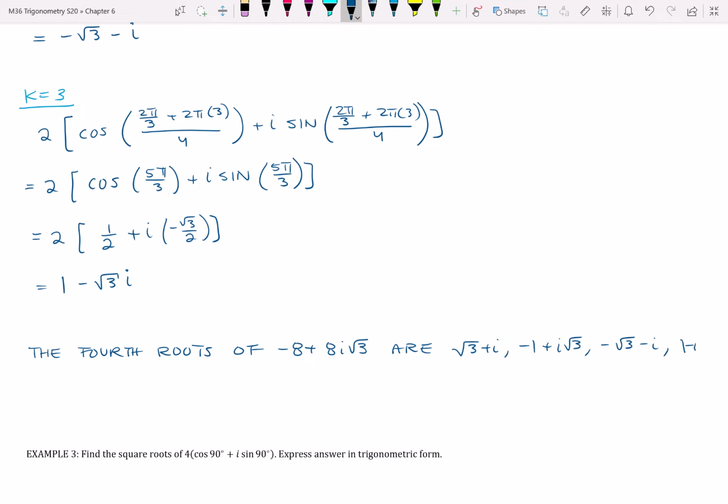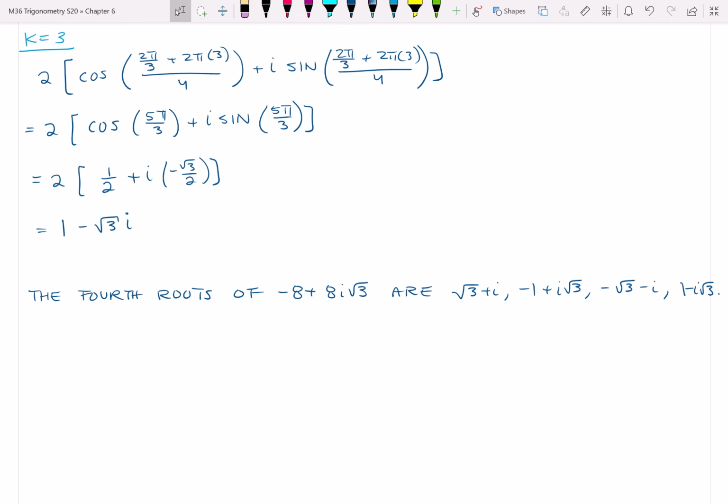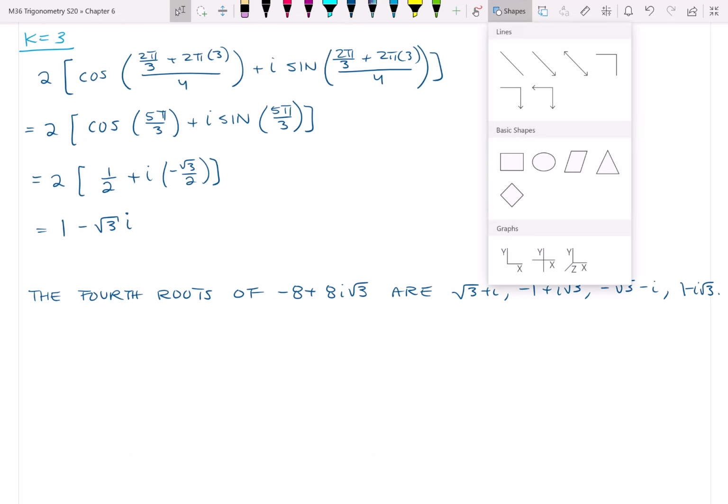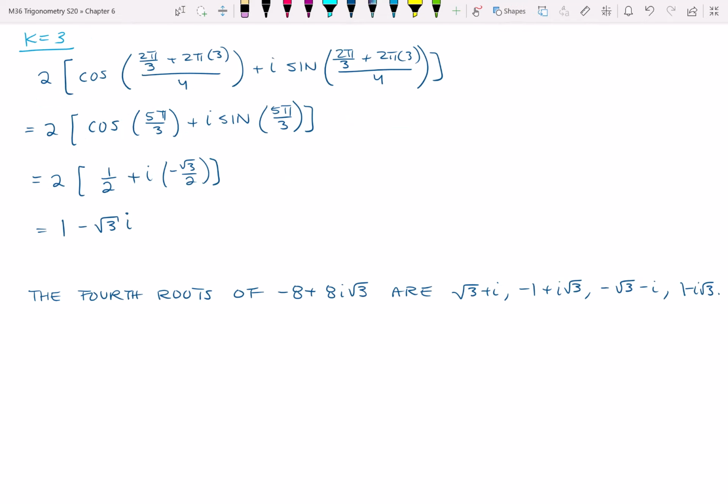And so remember I told you guys to check by graphing the roots in the complex plane. So let's actually do that. Right, so here's my little complex plane here.